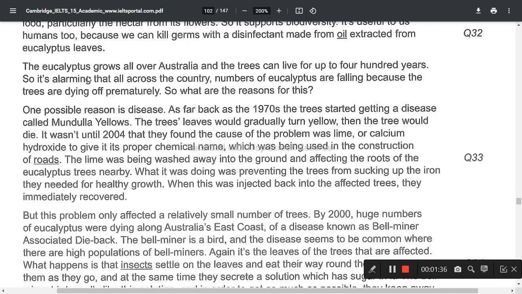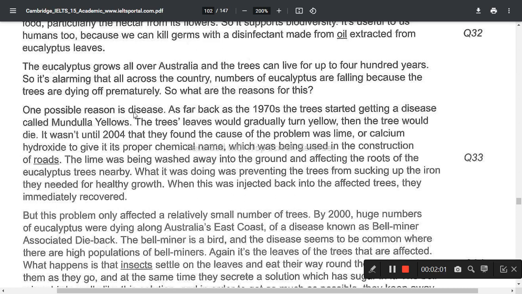The eucalyptus grows all over Australia and the trees can live for up to 400 years. So it is alarming that all across the country numbers of eucalyptus are falling because the trees are dying off prematurely. So what are the reasons for this?